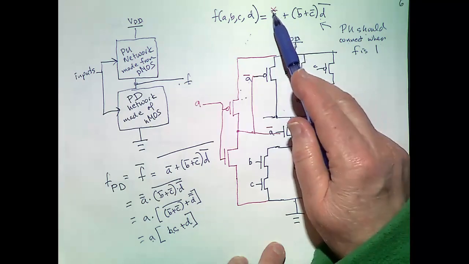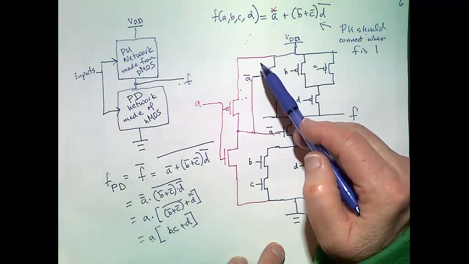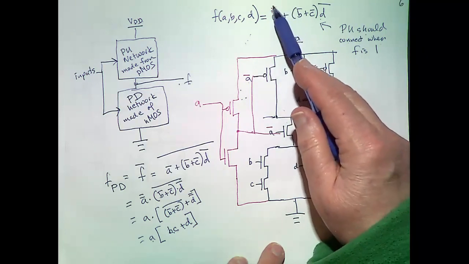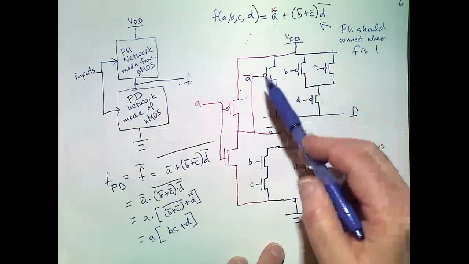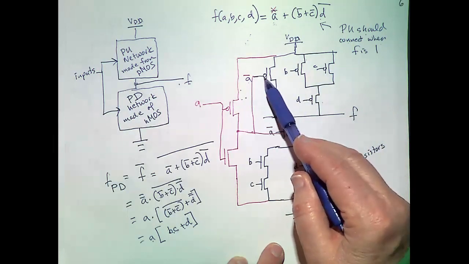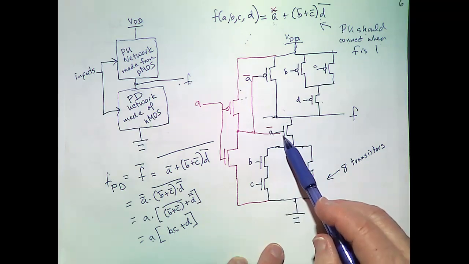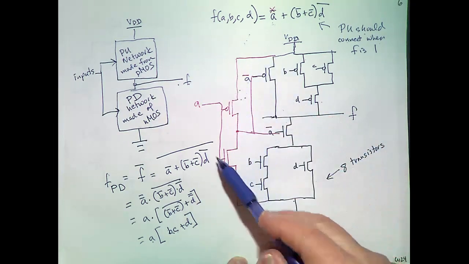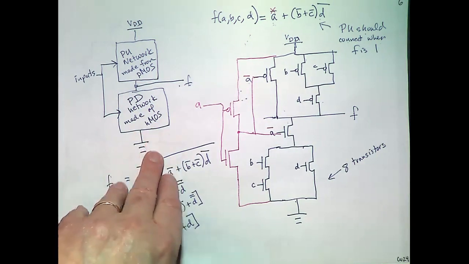So we looked at the case where A did not have a complement over here. If that's the case, we would have needed to feed A bar to this PMOS and A bar to this NMOS, and to do that, we built an inverter. So that's what we did last time.